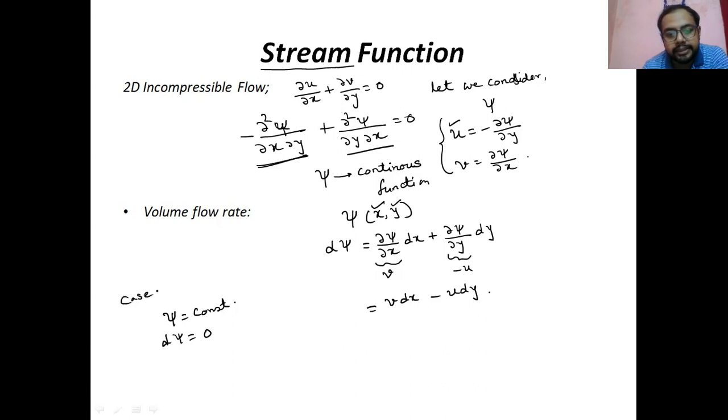So you get the equation dx/u is equal to dy/v.